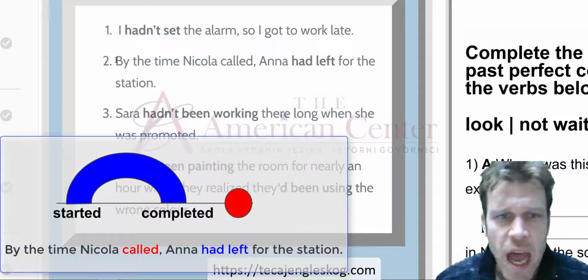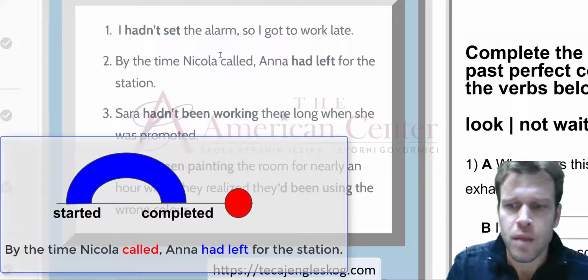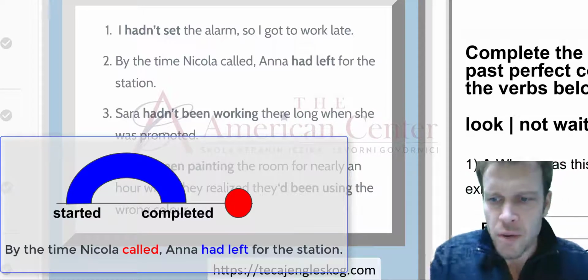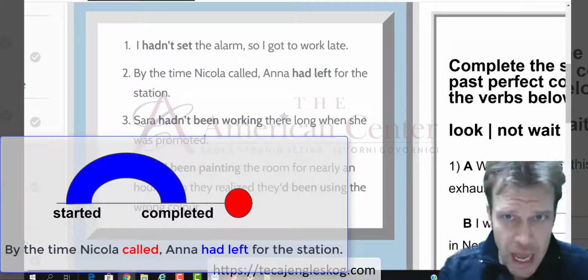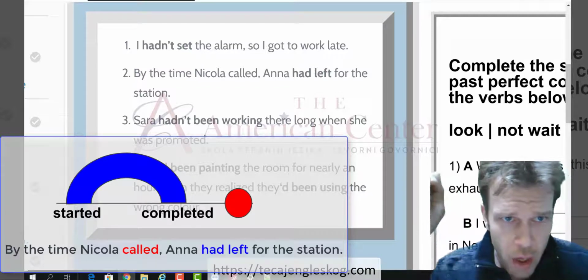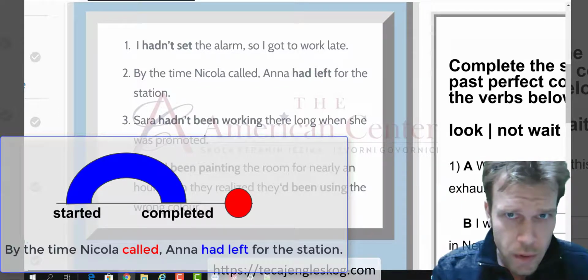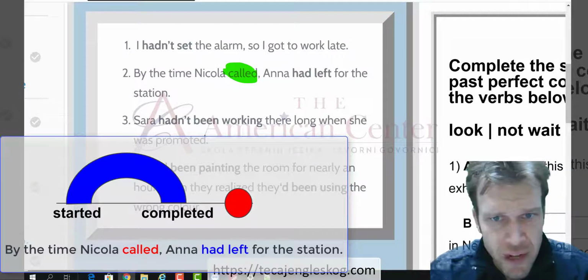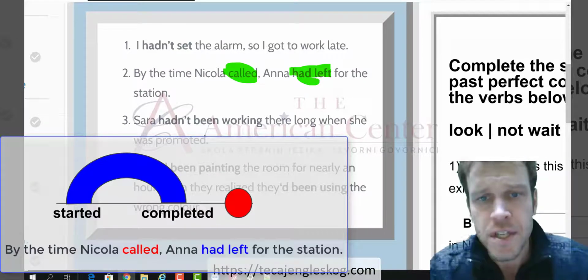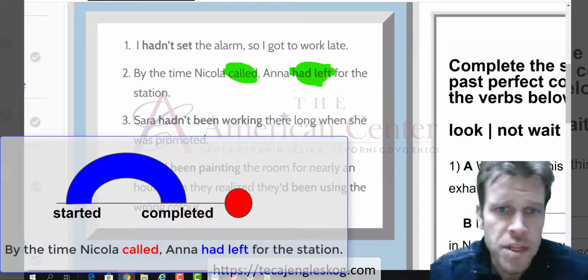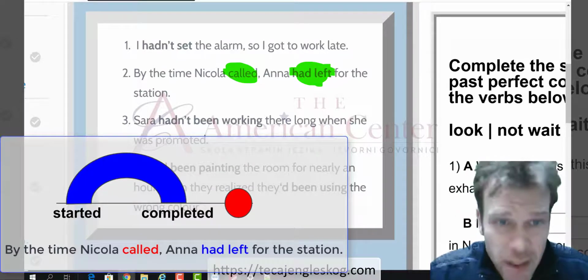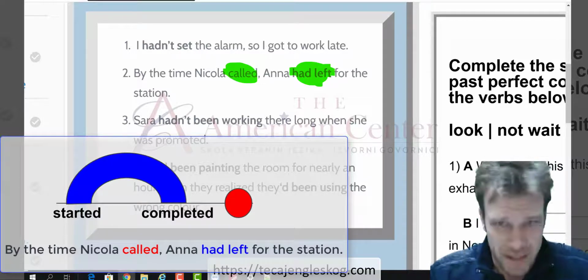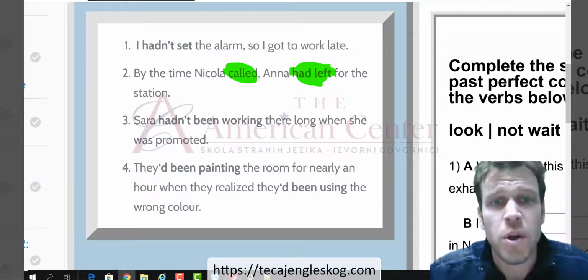So by the time Nicola called, here's one event, called, and then we have another event, had left. So the emphasis here is first Anna left, then Nicola called. It was too late, Nicola, sorry. You're too late. You should have called earlier.